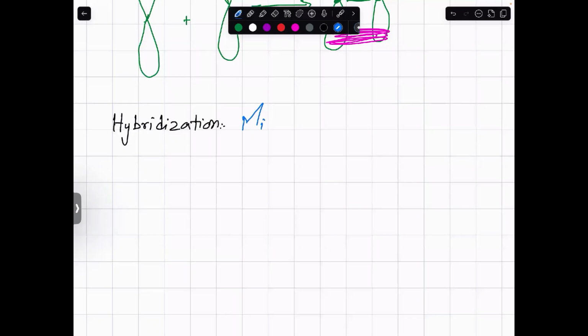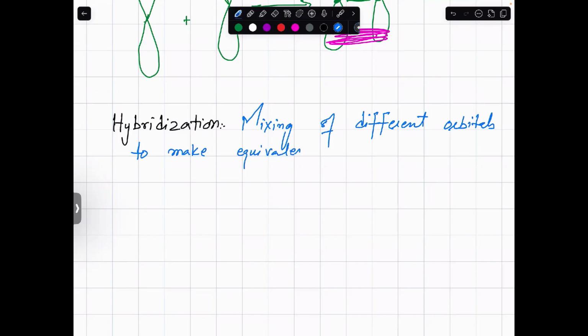Mixing of different orbitals to make equivalent orbitals.